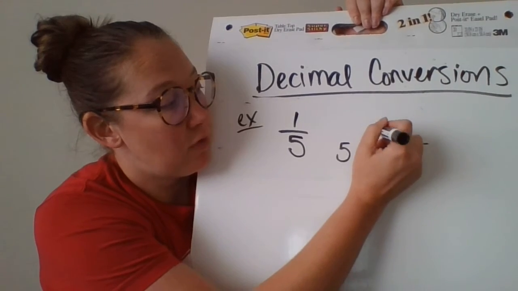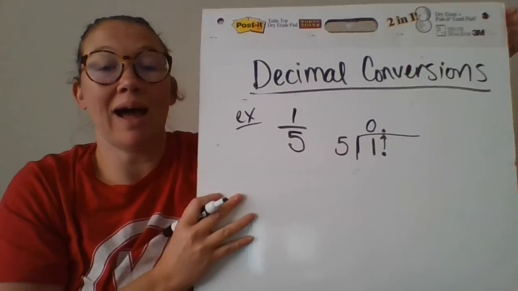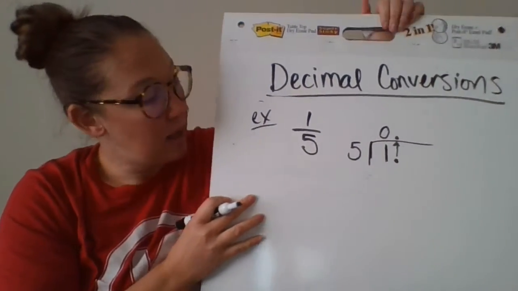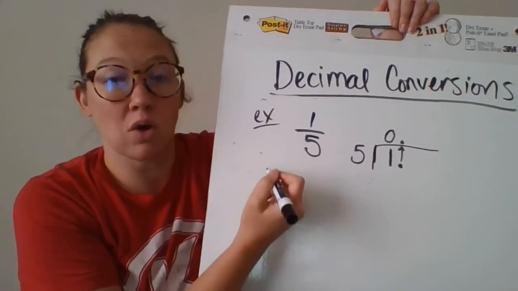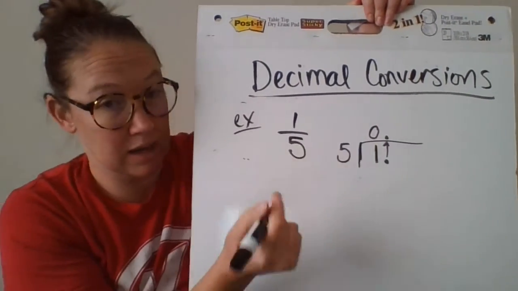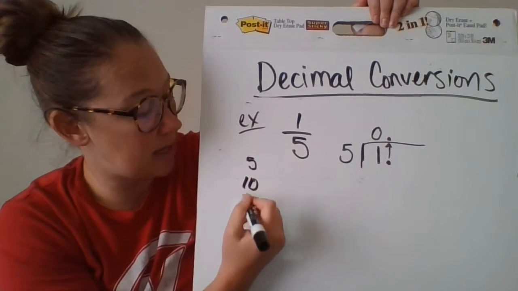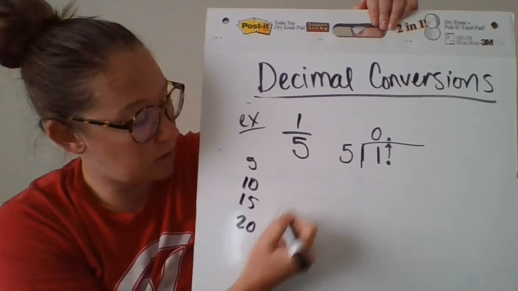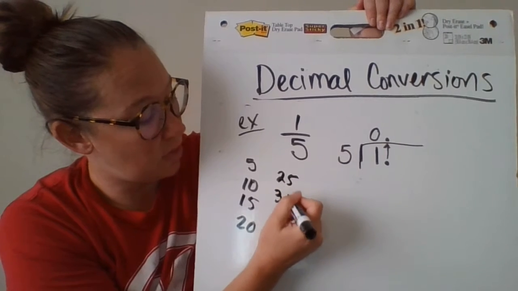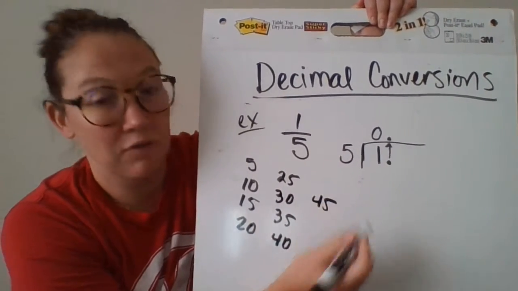And over here, I'm going to say, well, 5 fits into 1 0 times. Now, what I like to do, personally, is come out here and list my 5s all the way to 9, because you can only put 1 digit up here at a time. So I know that 5 times 1 is 5, 5 times 2 is 10, 15, 20, 25, 30, 35, 40, and 45.